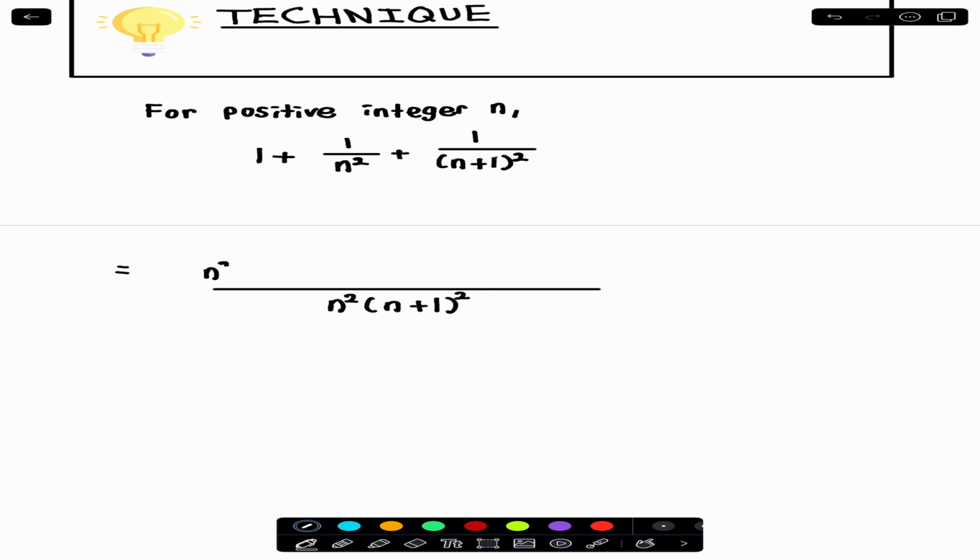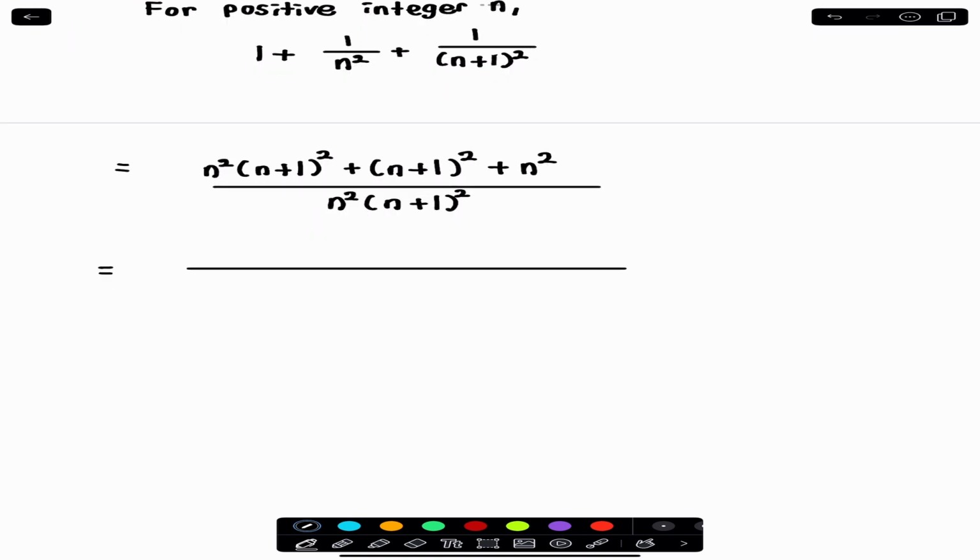I'm going to be going through this a little bit quicker, but you can do this at home on your own as well. I trust you know how to combine fractions, but in the end you're going to get something a little bit like this. From here, we can expand this top expression and see if we get anything interesting.